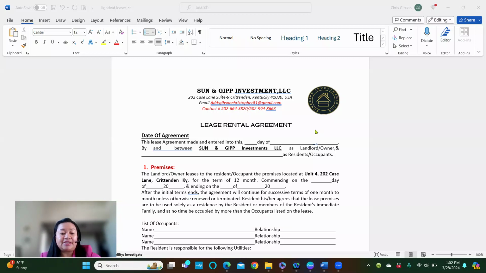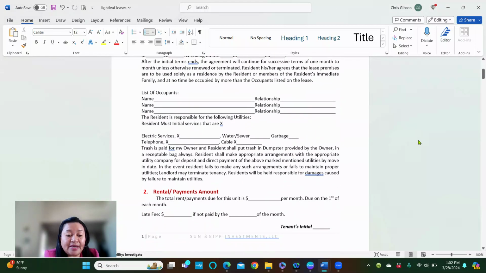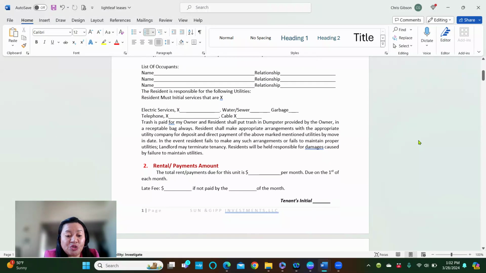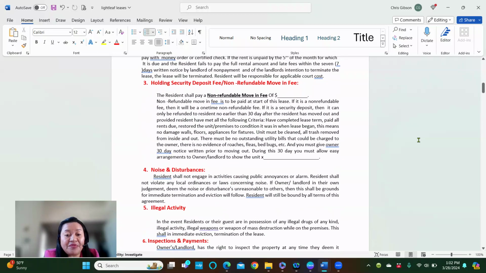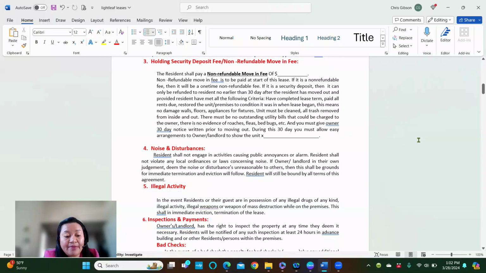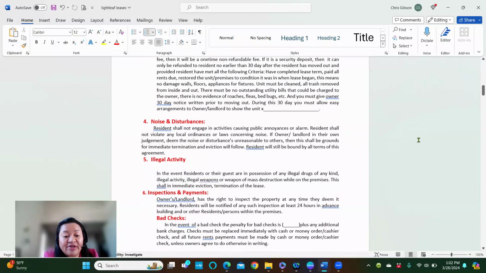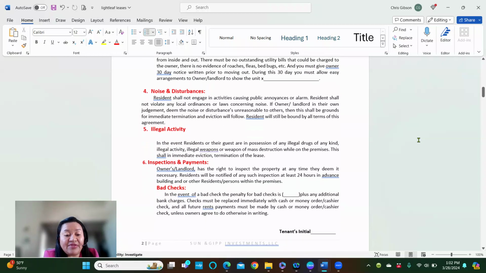So this is 5 pages, and it includes the premises, number two, rental payment amounts, and the holding security deposit fee or non-refundable move-in fee, and the noise disturbance, illegal activity.